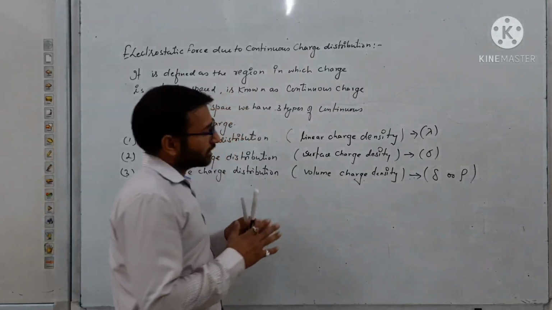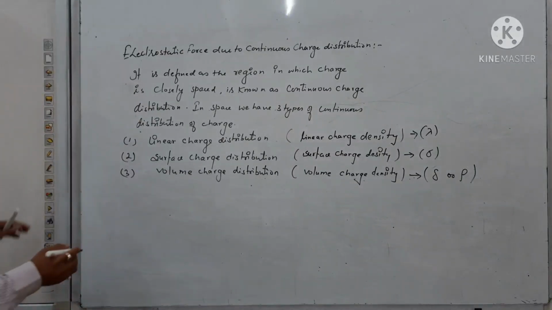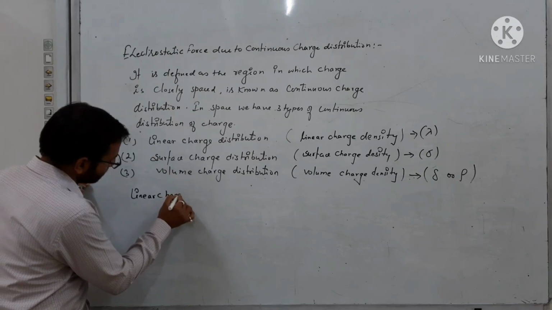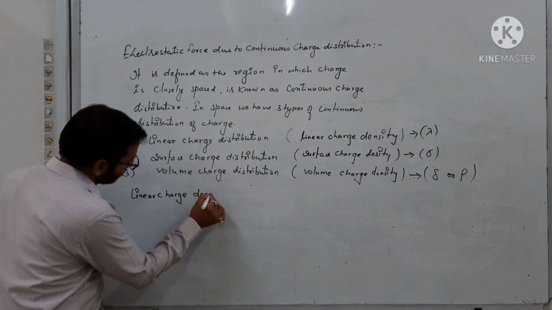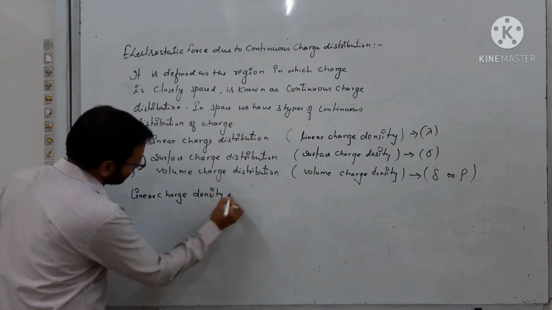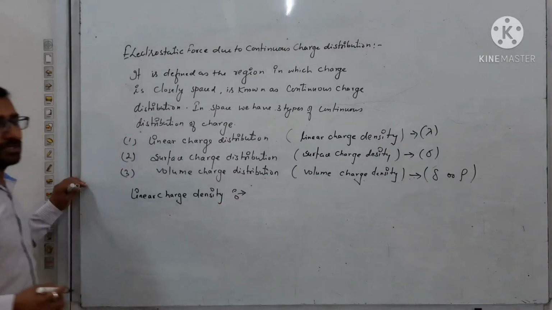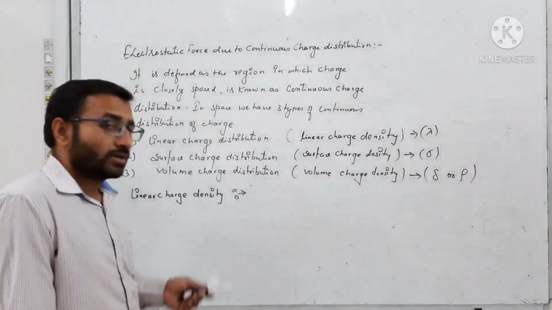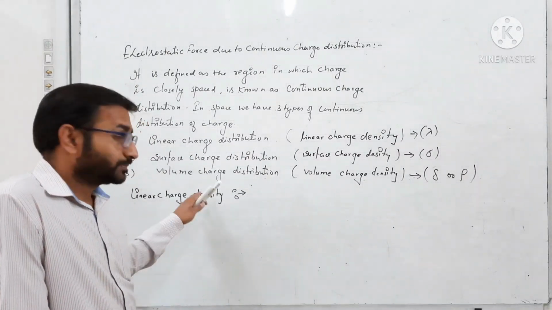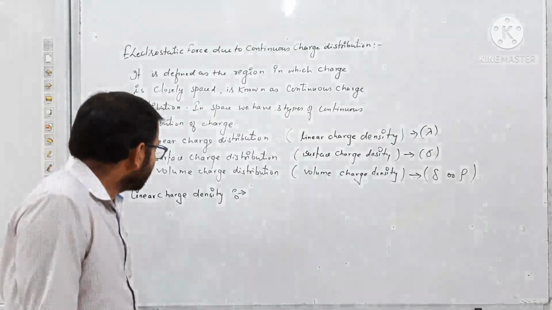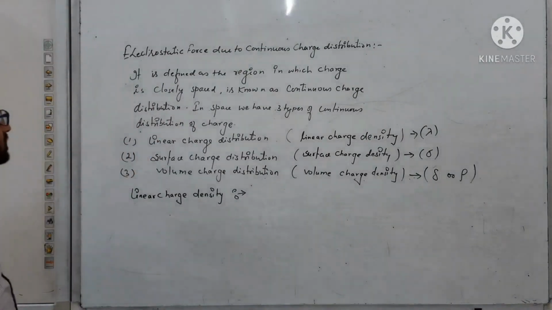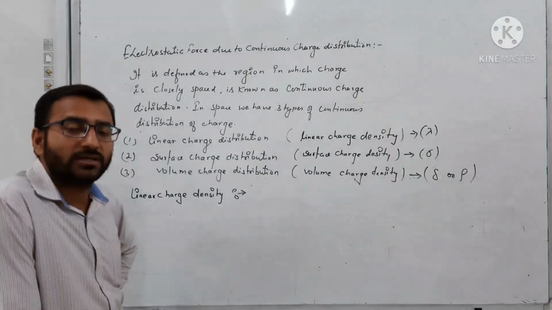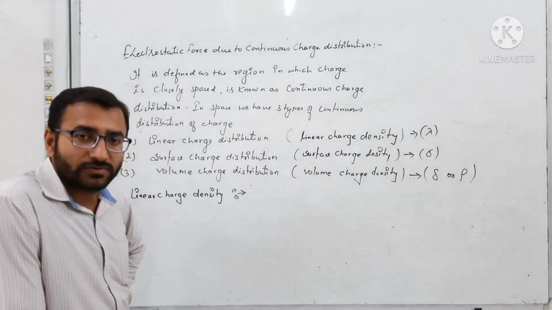When we think about linear charge density, the definition is simple. What do you think about density? Your mind interprets the definition of density as mass per unit volume. It's okay, because that time you are talking about mass density. But here we are talking about the electric force due to continuous charge distribution, so the main concern is the distribution of charge.